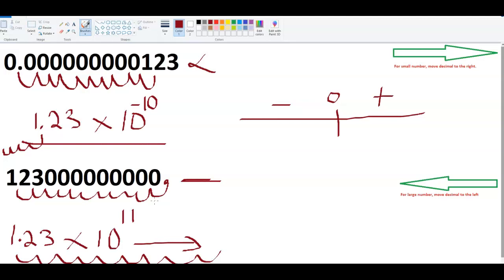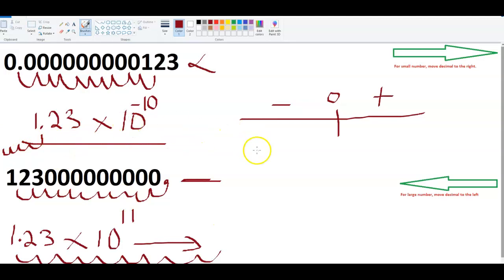Now, I want to quickly add this, especially when you're using scientific notation in calculations, which we're going to be doing more. Always put it in parentheses if it's in the denominator. What do I mean by that?